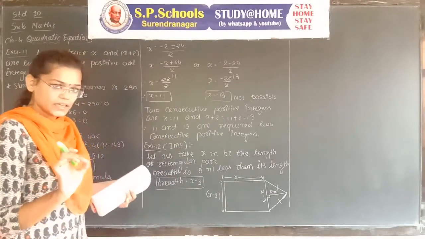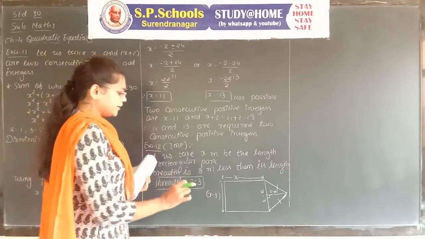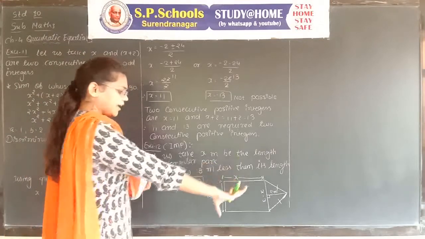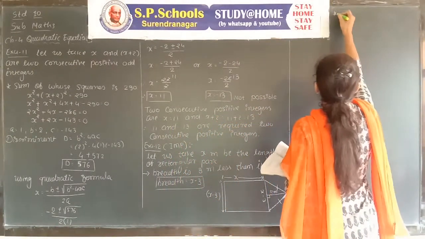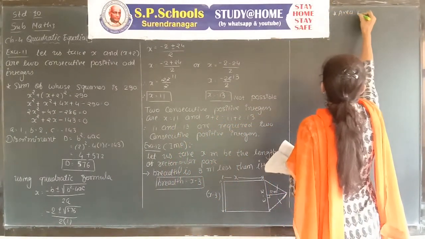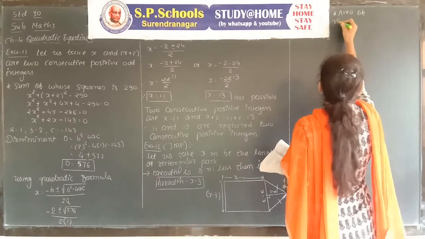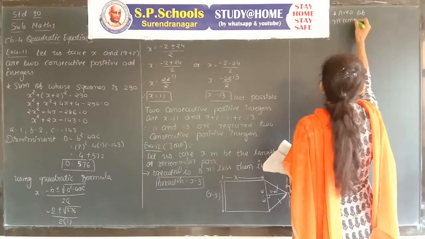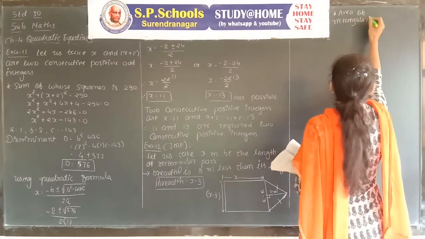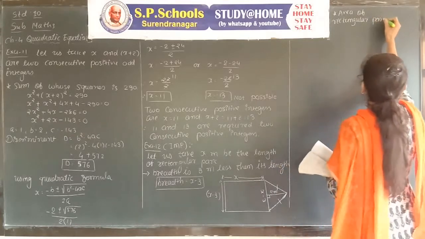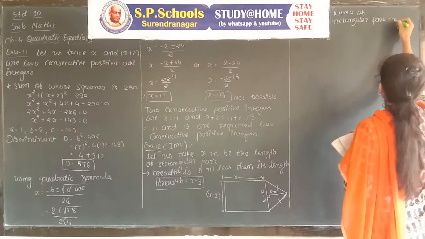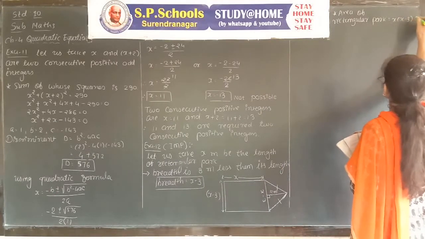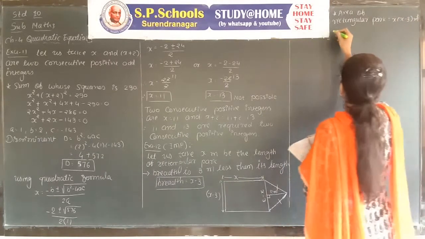To obtain an equation, first of all we find the area of the rectangular park and the area of the triangular park. Area of rectangular park is equal to length multiply breadth, x into x minus 3 meter square.